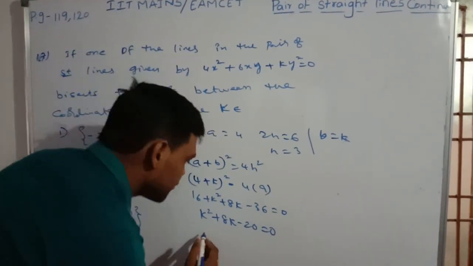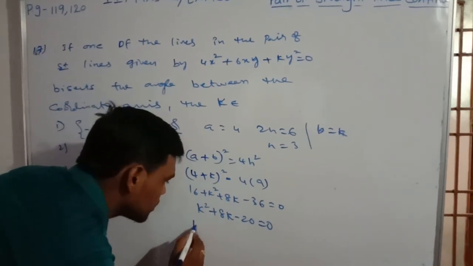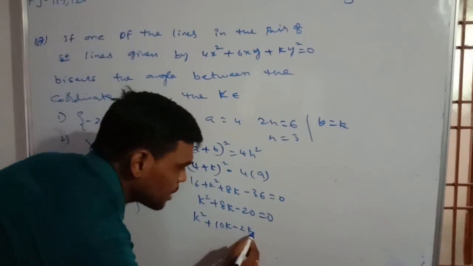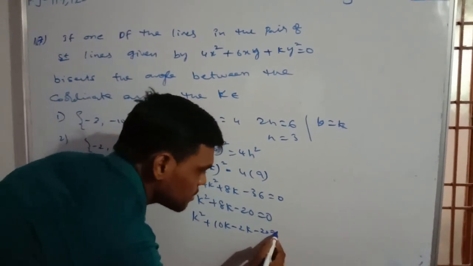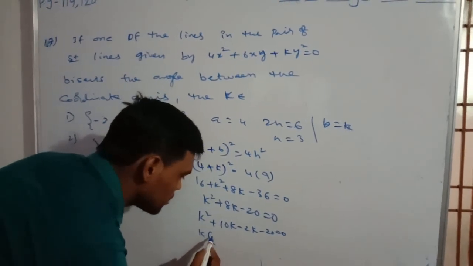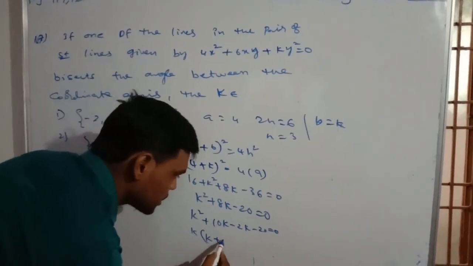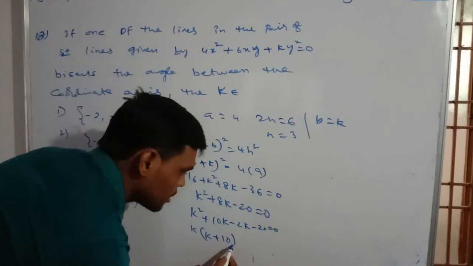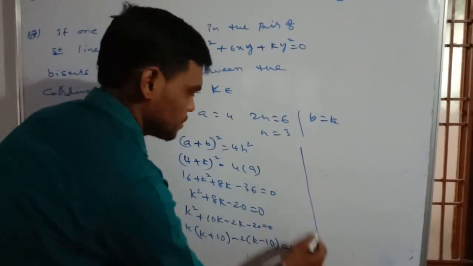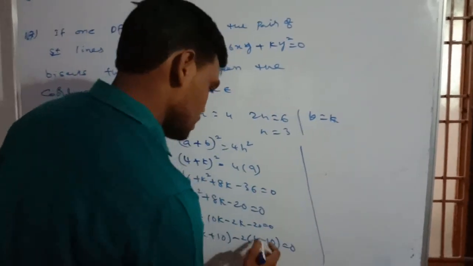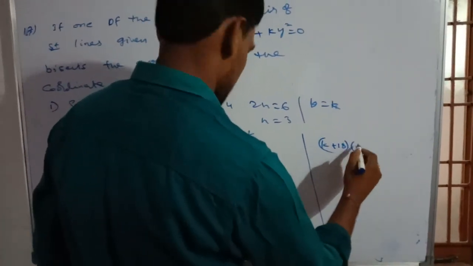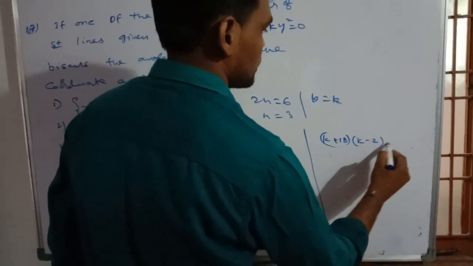Now split the factors and roots. k square plus 10k minus 2k minus 20 is equal to 0. Taking k common and 2 common, k plus 10 is common, and k minus 2 is equal to 0.